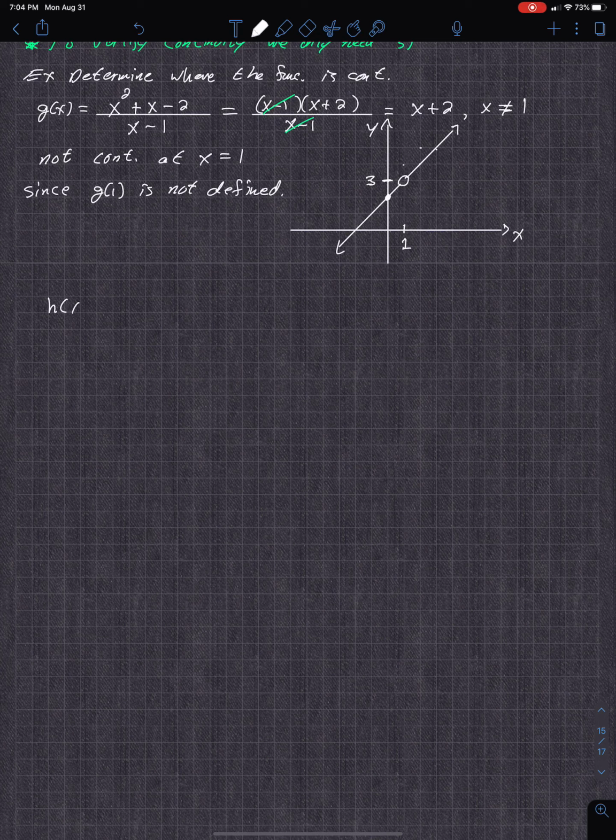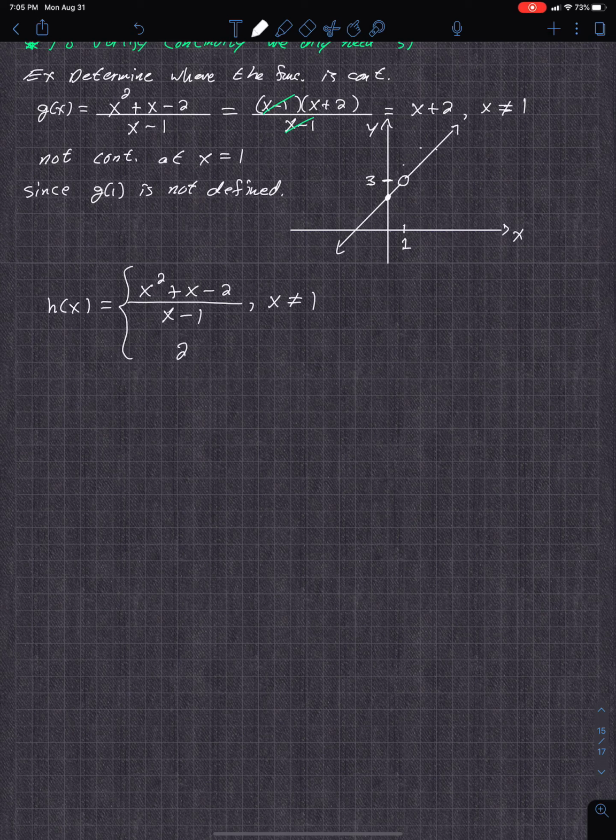Let's let h of x, you'll see what I mean, be x squared plus x minus 2, it's the same one, all over x minus 1. Okay, so that's going to be our function.